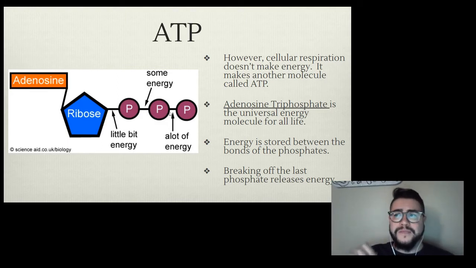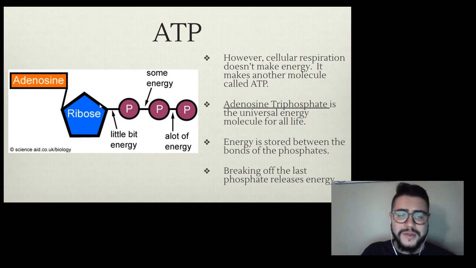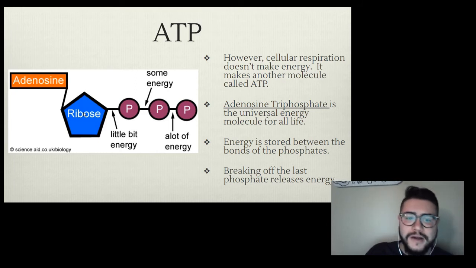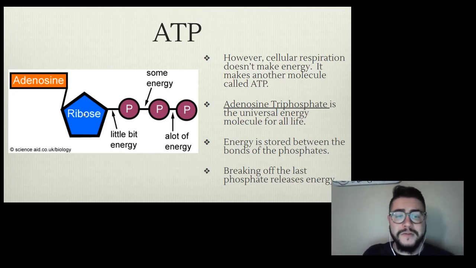Energy is often stored between the bonds of different chemical molecules, whether it's between different compounds, like we see between this ribose and phosphate, or within one compound. There is energy stored between the bonds of this ribose molecule.